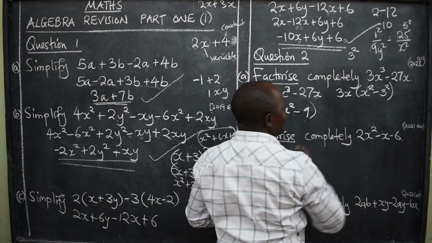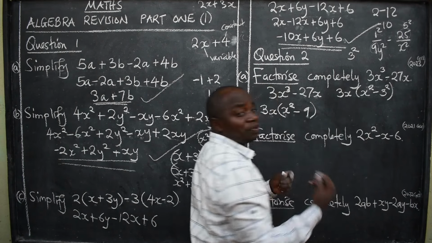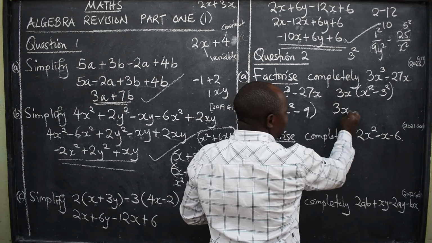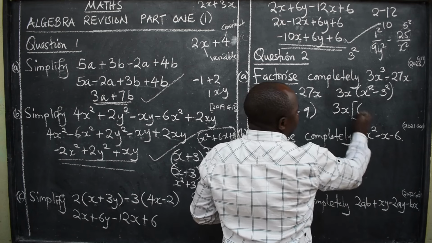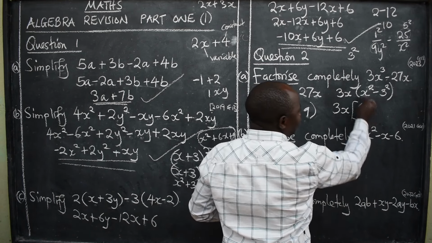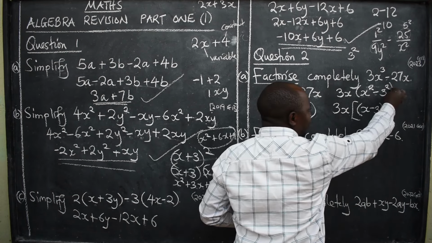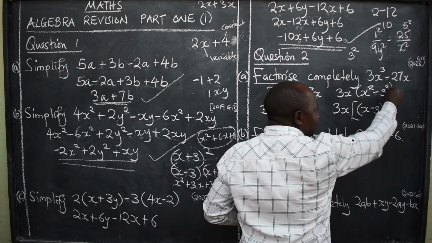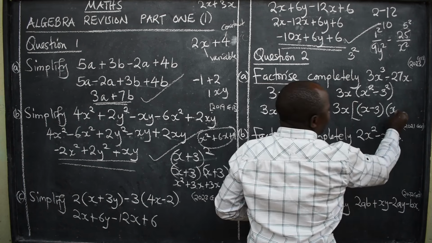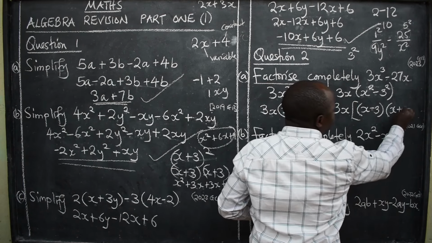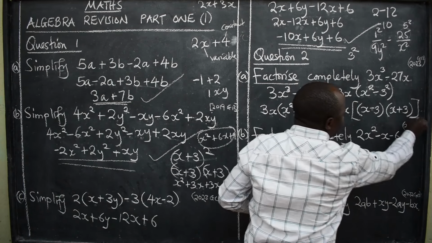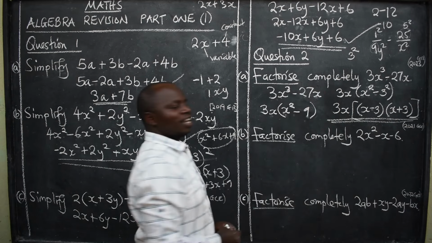Once you ignore the squares, you will just be able to write what will remain, which will be 3x, okay? The first bracket will have x minus 3. Then the other one, since you ignore the squares here, the other one will be x, you just change the sign here, plus 3. This is your final answer.